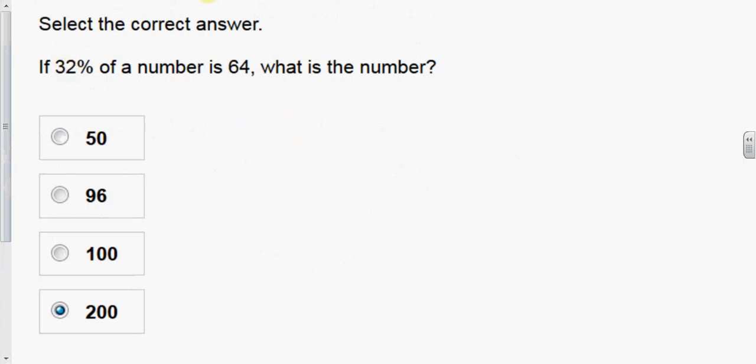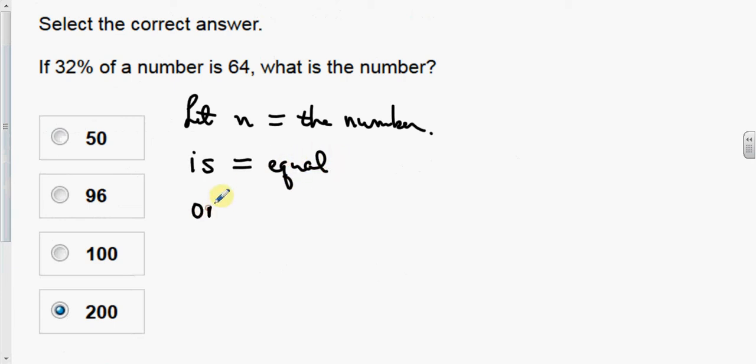If 32% of a number, that's 32% times some number, let n represent the number. Okay. The word is translated equal.